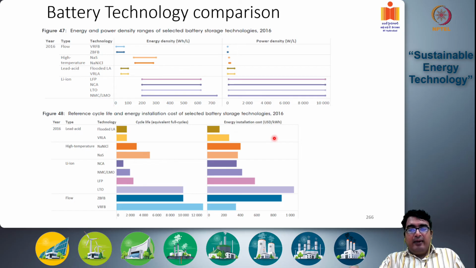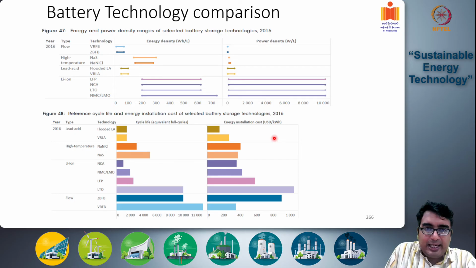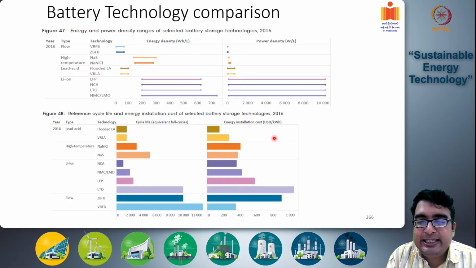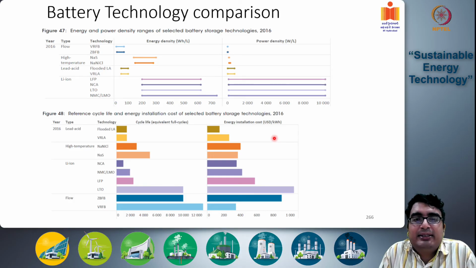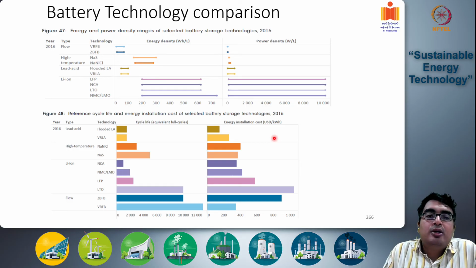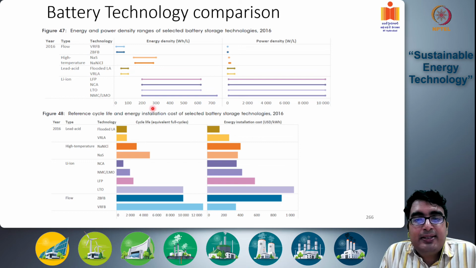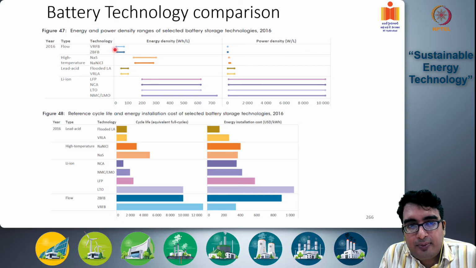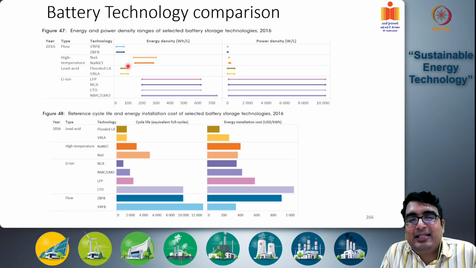Now we are looking at various battery types. So let's compare all the batteries together, not just the lithium-ion batteries, and what are their individual advantages and disadvantages. If you look at energy densities, the lithium ion class has the highest energy densities and the flow batteries have the lowest, followed by lead acid batteries.